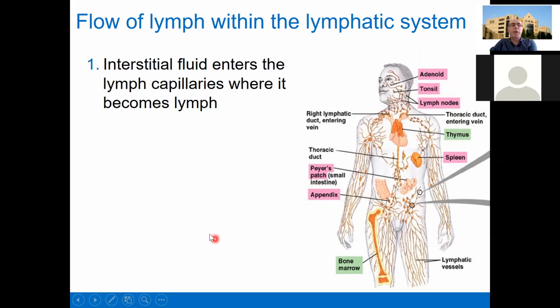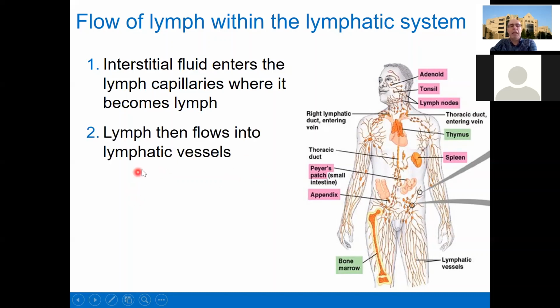Interstitial fluid enters the lymph capillary, where it becomes lymph. Lymph then flows into lymphatic vessels, as you see in these pictures.